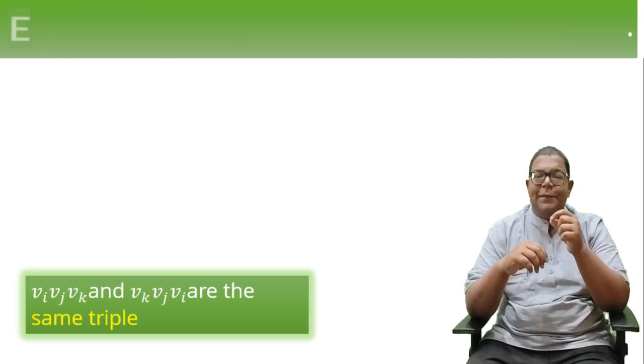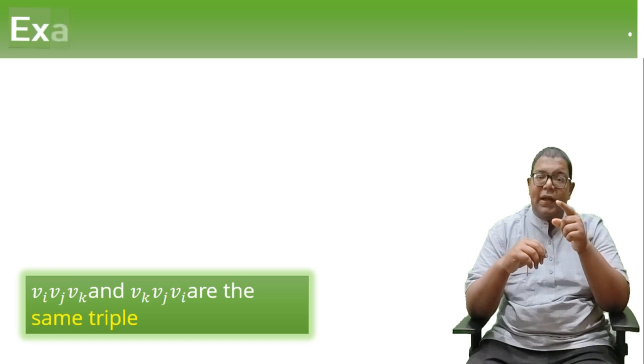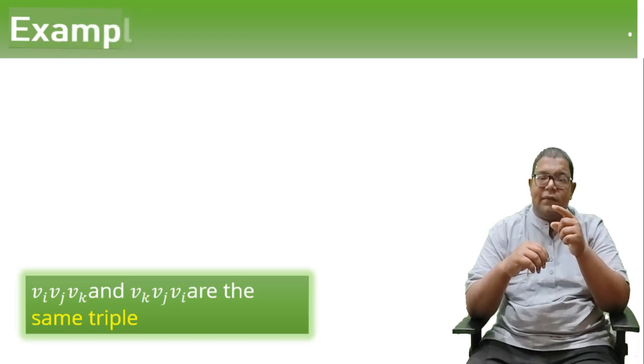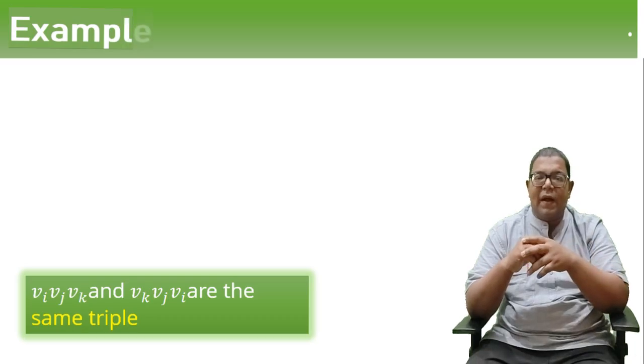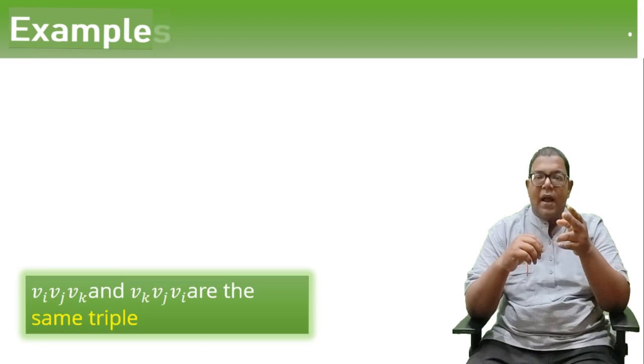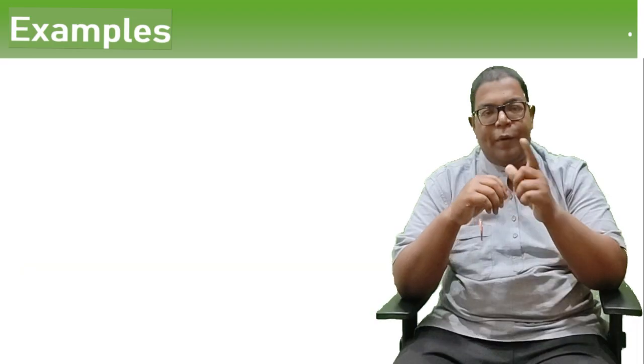The edge that is missing here is between Vk and Vi in both the cases. So they are called the same triple. So any triangle will have three triples, and for every triple you can miss any one of the three edges. I hope you are clear.